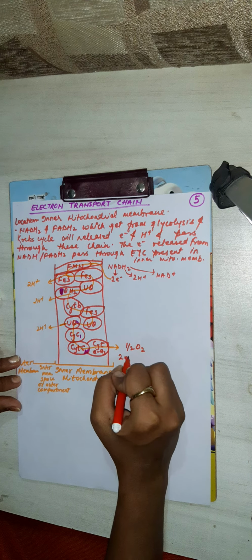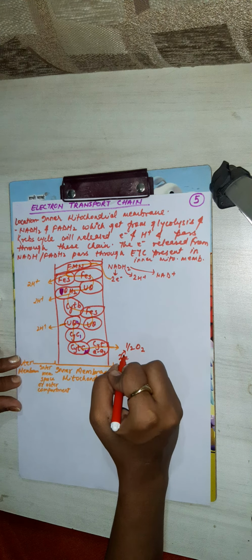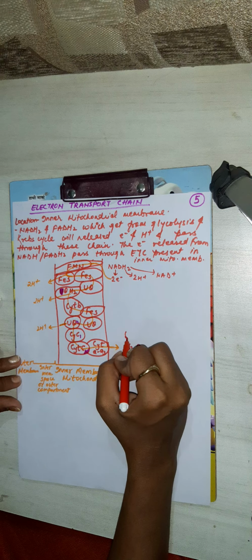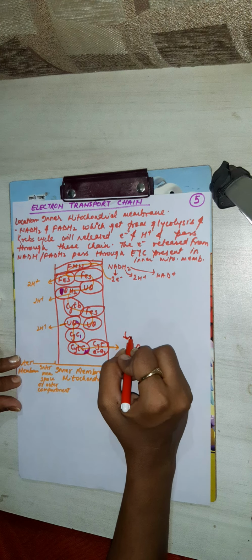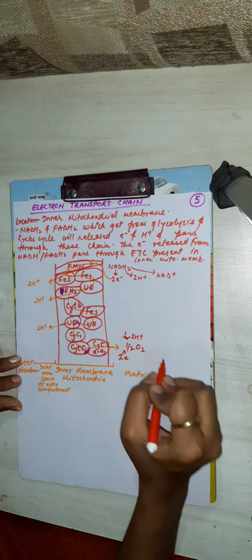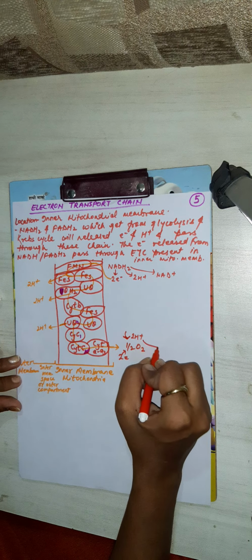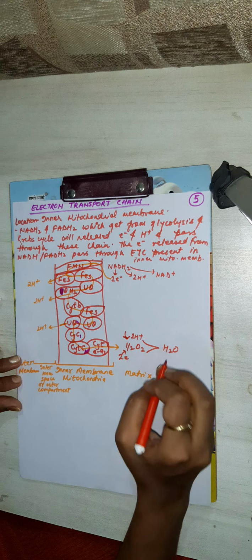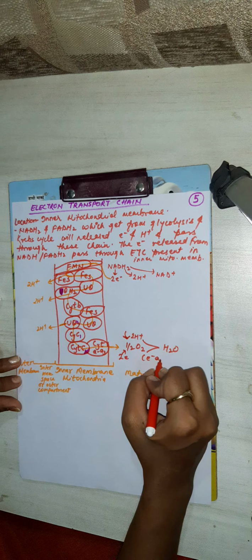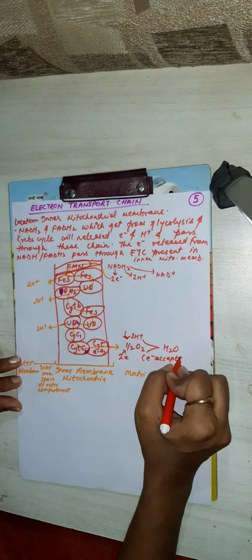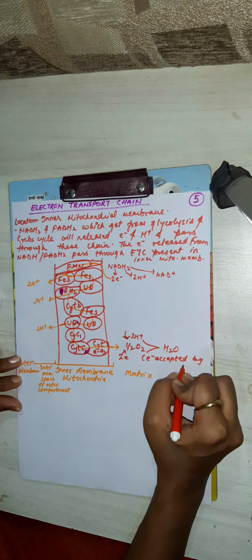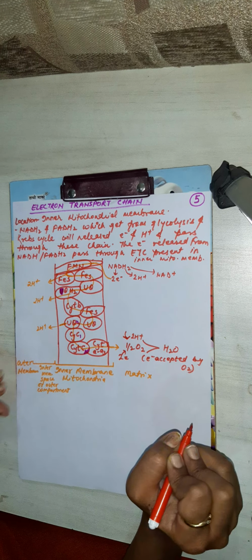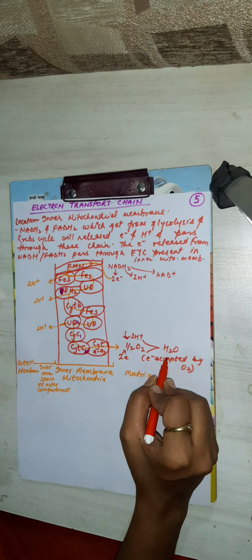Finally the electron will be accepted, and what will it form? It will form water. Here you can say the electron is accepted by oxygen, and finally water is released.